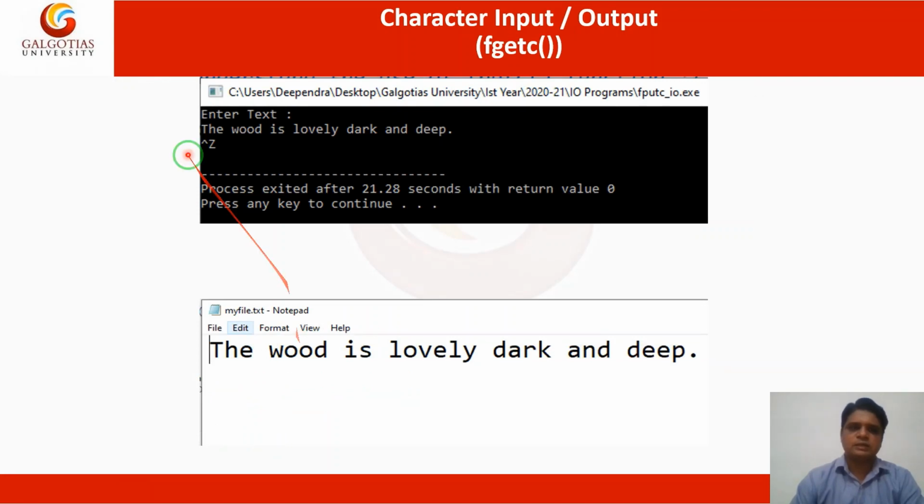Now see the example here: enter text, the wood is lovely dark and deep, and then Ctrl Z, and all you have entered is written into the file. This operation is performed one by one: first T is written, then H, then E, then space, W, O, O, D, like that. So this is the property of fputc.